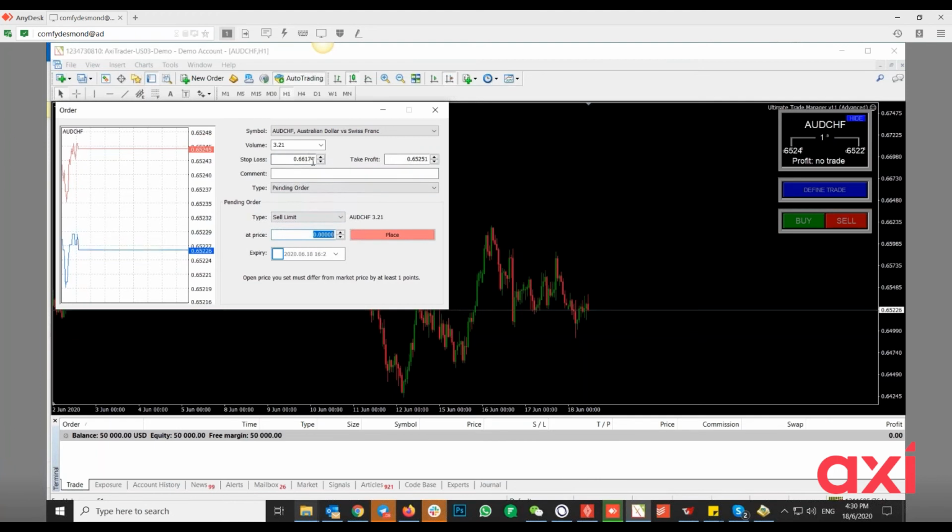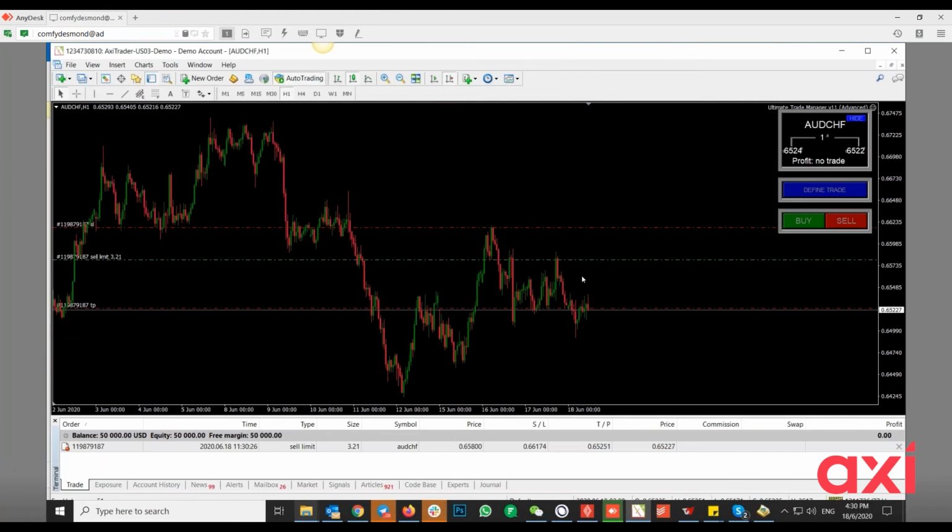So 17 minus 20 will be 0.6580, I think, and just place it there. Okay. Now, why am I risking 1264? Yeah, I think 1264 is close to 1250, and that is how you place the trade on MT4, right?